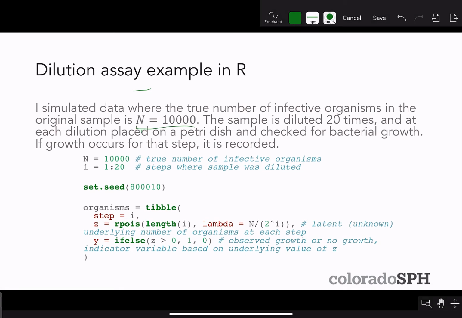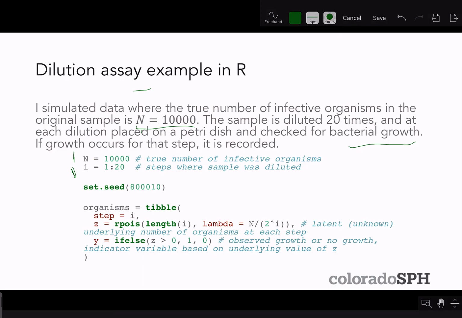The sample is then diluted 20 times, and at each dilution, it's placed on a petri dish and checked for bacterial growth, where no growth indicates that there were no organisms in that sample, and if there is growth, then it indicates that there were organisms in that sample, and that growth is recorded. So n is the true number of infective organisms, and i is the steps where the sample was diluted. It can be from 1 to 20.